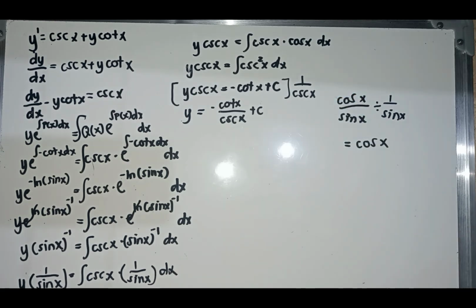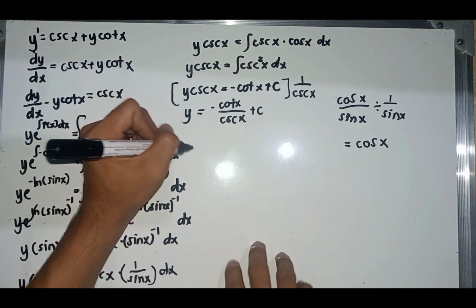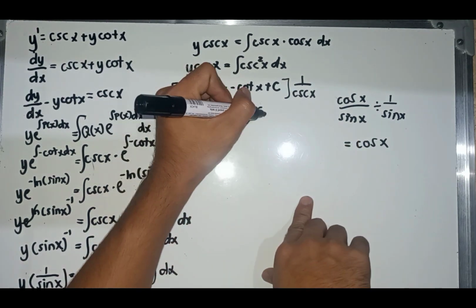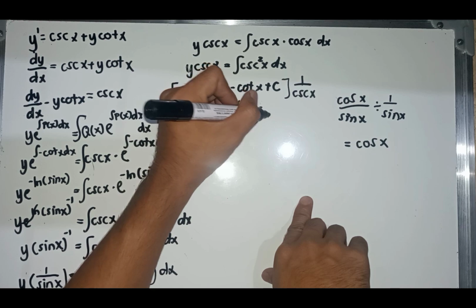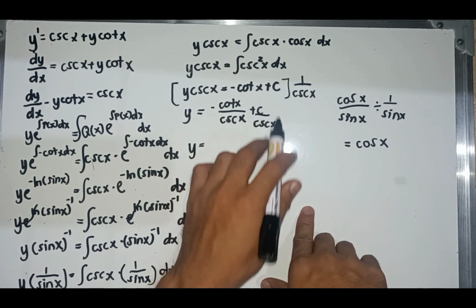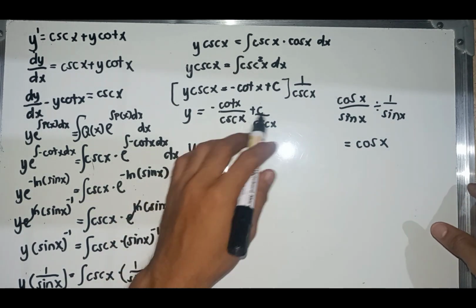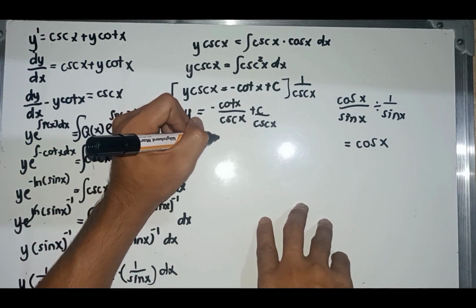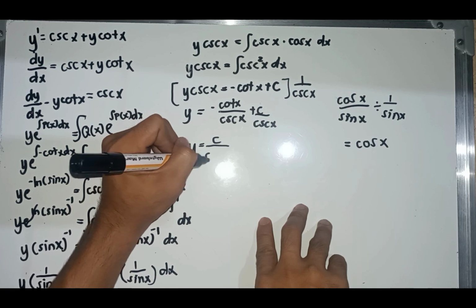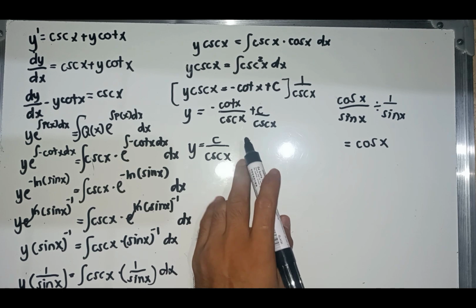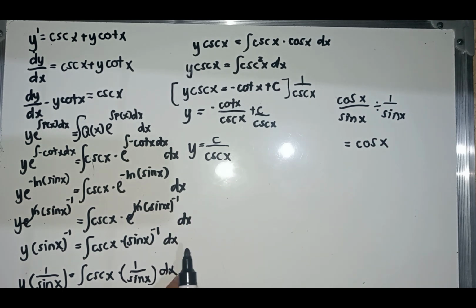Since c is a constant in the numerator, we can just copy it. We have c over cosecant of x.